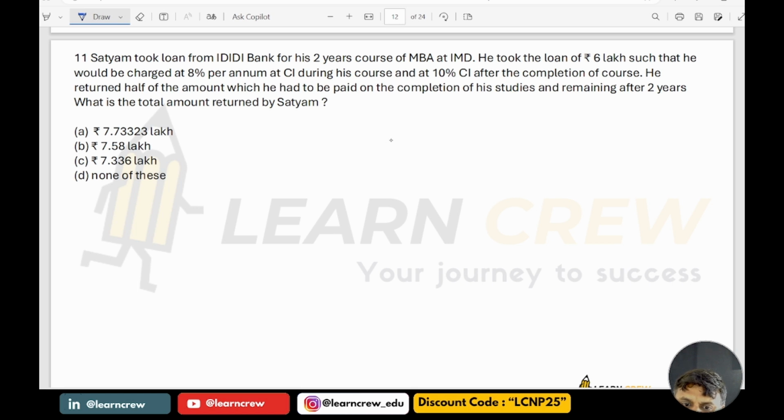So on 6 lakhs at 8% per annum, the total amount to be paid after 2 years is how much? Two zeros cancel.